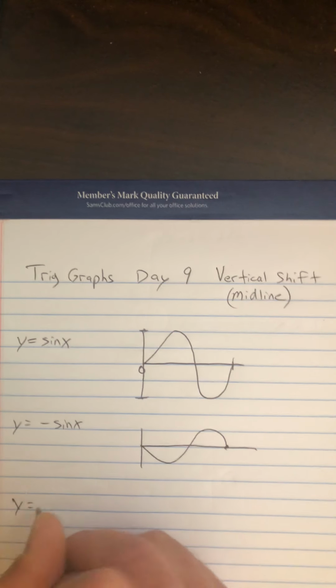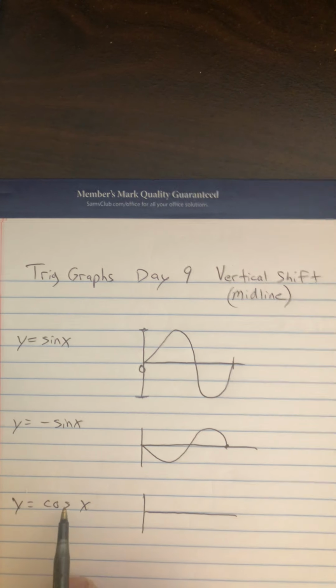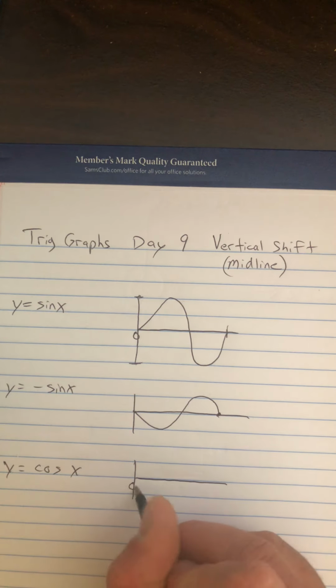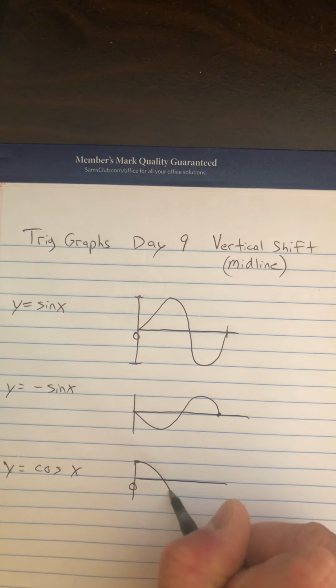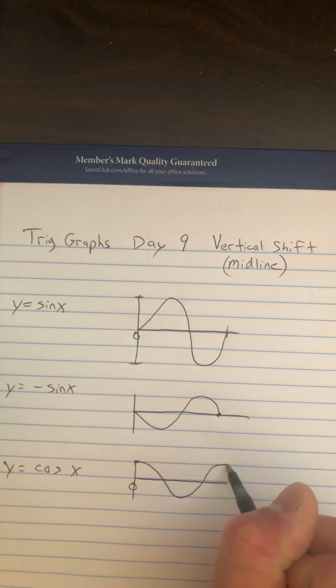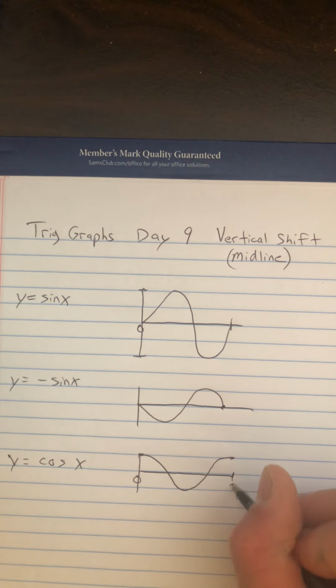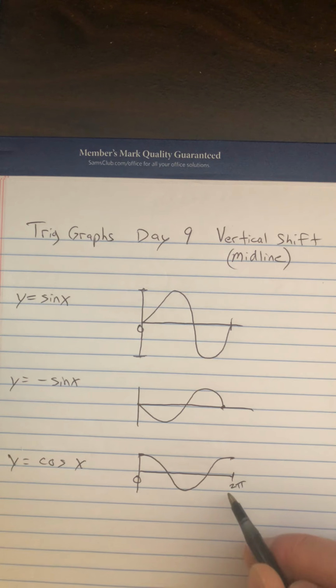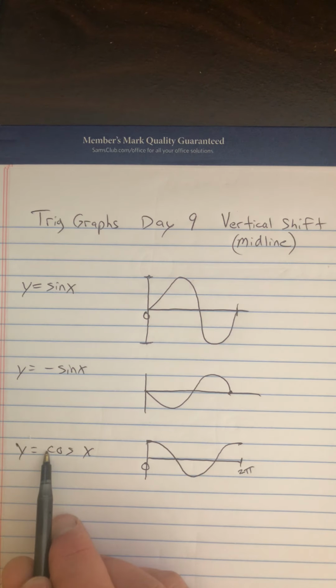Same idea for cosine x. Just basic cosine of x, what does that look like? Well, cosine is your x-coordinates around the unit circle. So at 0, the x-coordinate was actually 1. So this graph looks a little bit different. Goes down, goes back up, because at 2 pi or at 360, your x-coordinate is back to 1. If you throw numbers in front of it, it's just a vertical stretch.